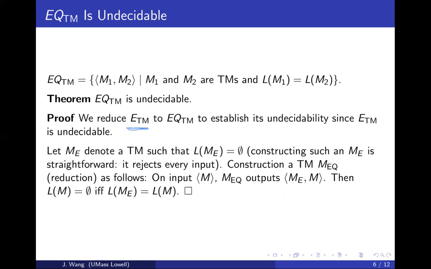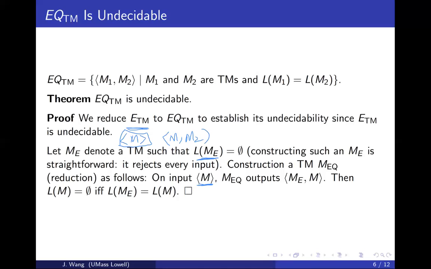The input of E sub TM is an encoding of a single machine, and the input of EQ sub TM is an encoding of two Turing machines. So on input M, this Turing machine M sub EQ outputs two Turing machines. One is M sub E, which rejects everything. The other one is just M.